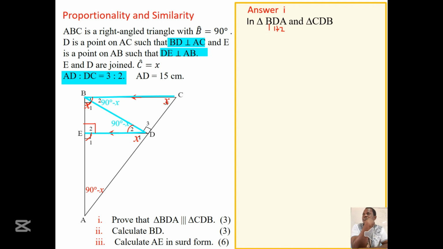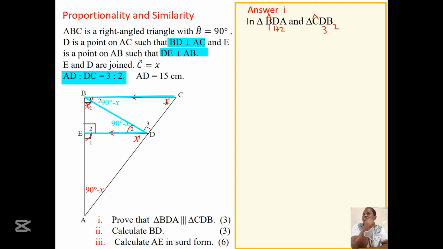In the next triangle, CDB, at D, we have D3. Then at B, we have B2. So similarity means you look at the first letter, angle A, and you look at the second one, angle C, and you check in your diagram, are those two angles equal or not?